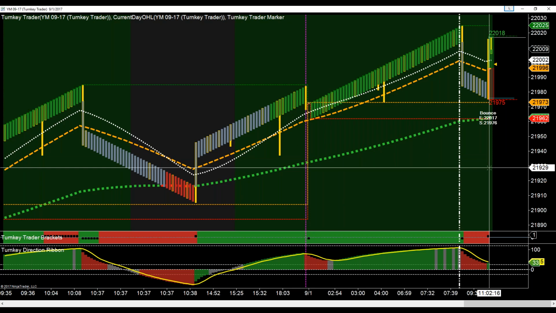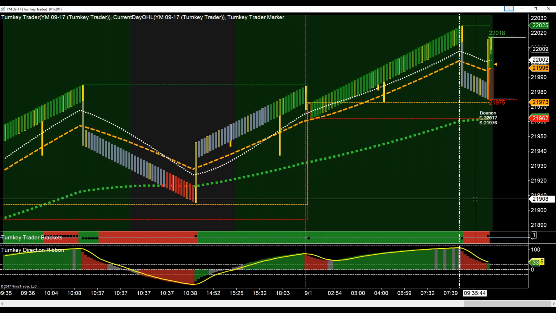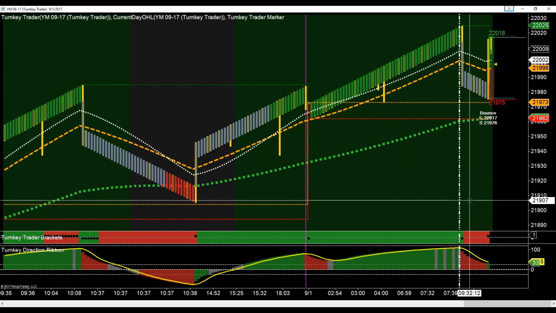So we could certainly hop in this trade, but it might take a while for us to hit our profit target. It's been kind of just slowly creeping onward.